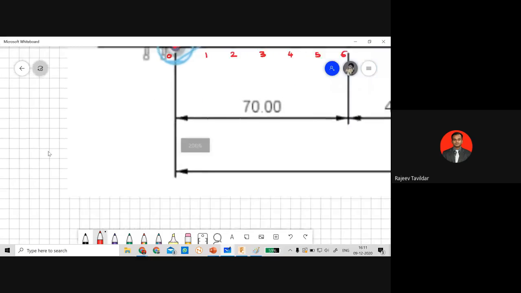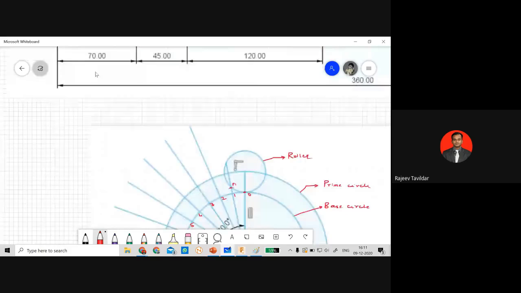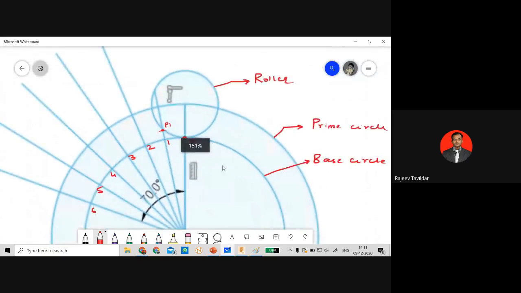So in this diagram, if I measure from the prime circle, from 0, if I measure the distance which is 0, I'll get P naught here only. And once I get P naught, I'll just have to draw a circle of roller radius. I hope it's clear. If not, let us do it for point number 1 and see.